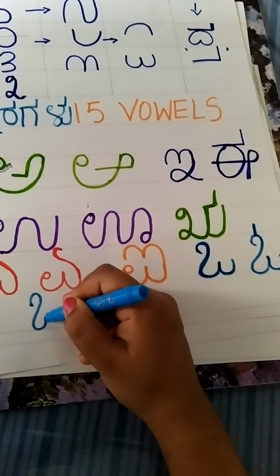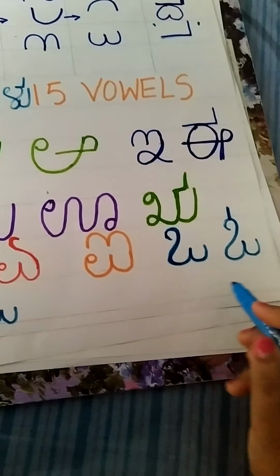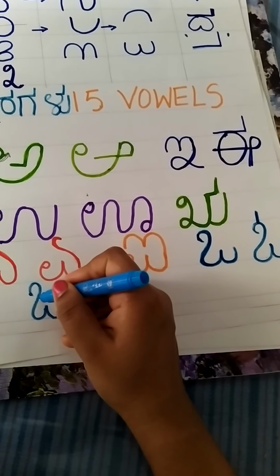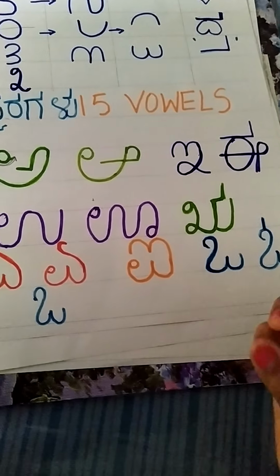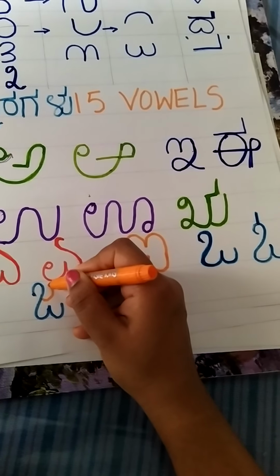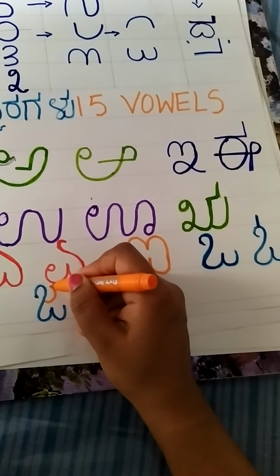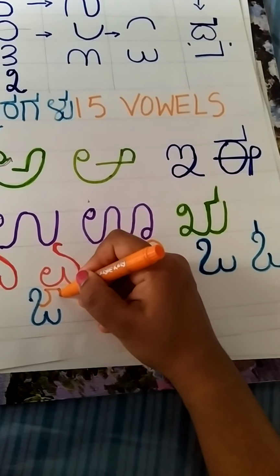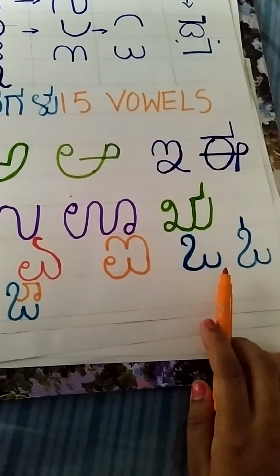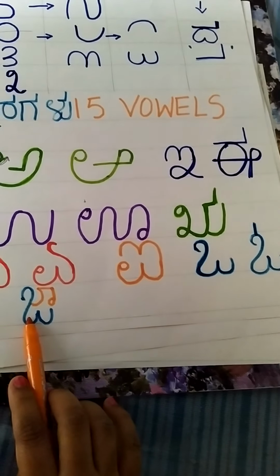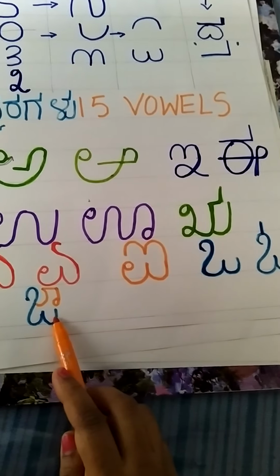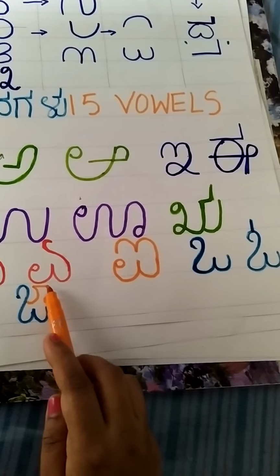The next letter is Au. It looks the same, O, Oo, Au, but there is a slight difference again. I write it with the other pen so that you can see. This goes up and you have to come down, take a turn. This is Au. All are the same, 3, O, Oo, Au. O has a line up. For Au, you have to take a turn and come down.